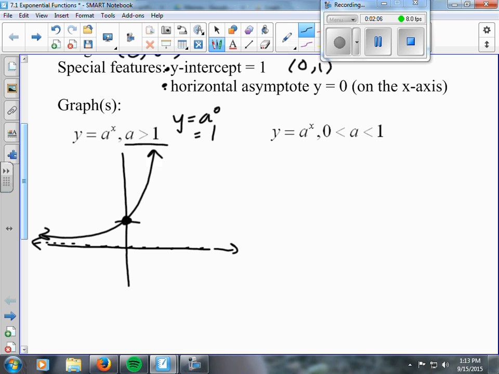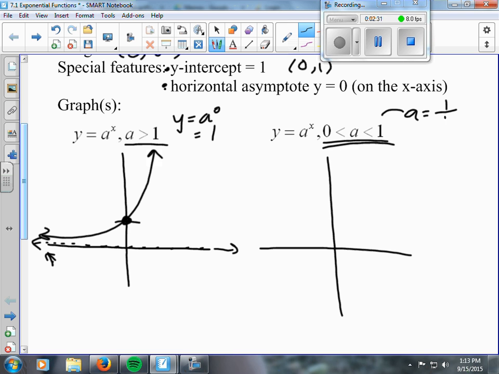And so this horizontal asymptote, y equals 0, is actually only on the left end. And then you explode up to infinity on the right side. In the other case, this is called exponential decay. When your a is a fraction between 0 and 1, that means that a can be written as 1 over some other number, and so you end up dividing by that fraction every single time.